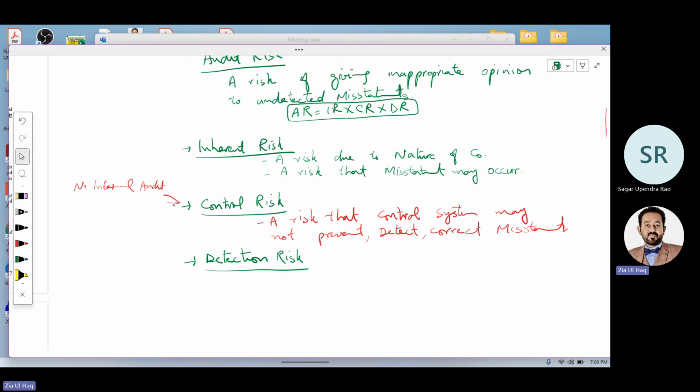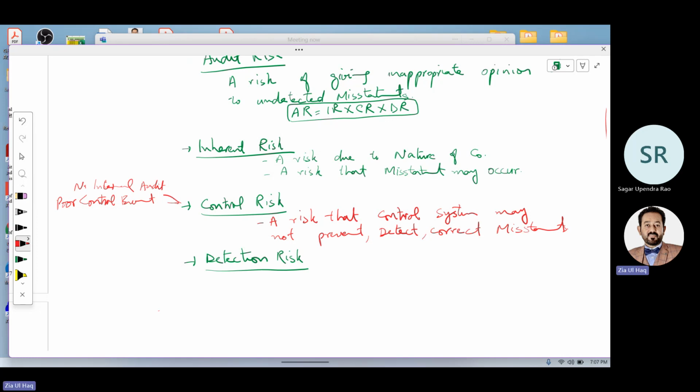Company management attitude regarding policies is poor. For the management attitude regarding policy, there is a term called control environment. Poor control environment means attitude of management regarding rules, policy is poor, meaning they themselves are not following the policies.